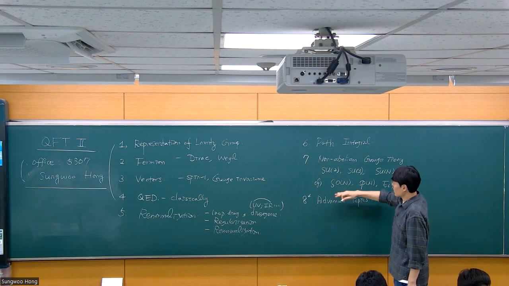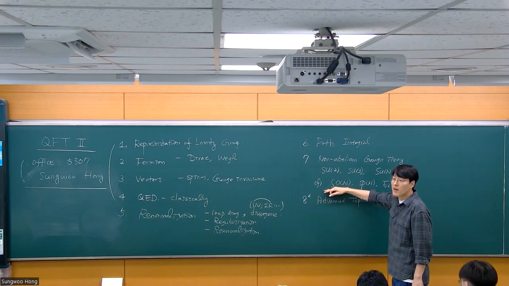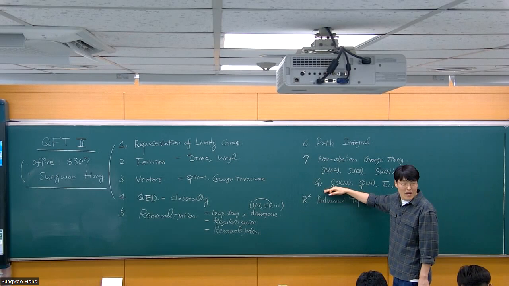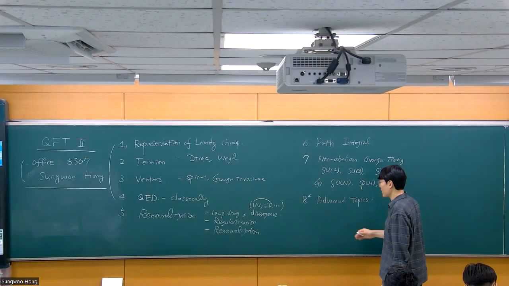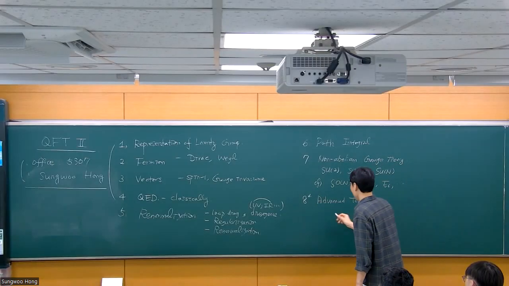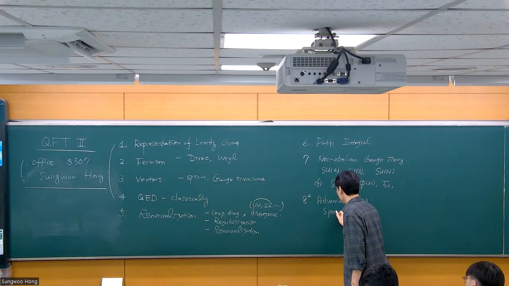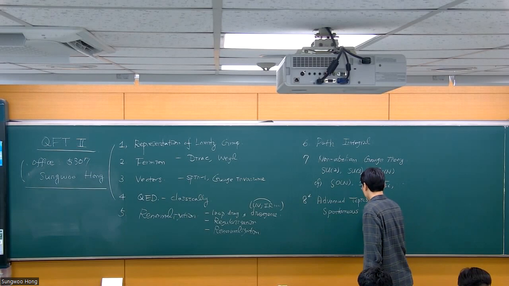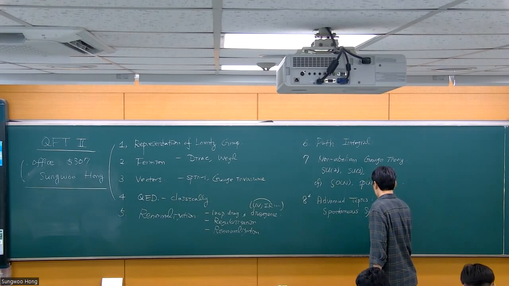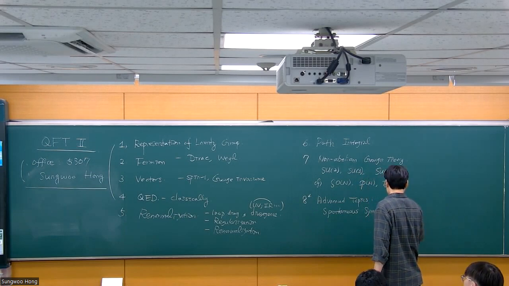So why is this important? At this point, you know most of the ingredients that you can combine to construct, say, the physics of the standard model and some of the beyond the standard model physics. But not quite. There are a couple of concepts you need to know, and some of those important things, at least you know the keyword, are spontaneous symmetry breaking.